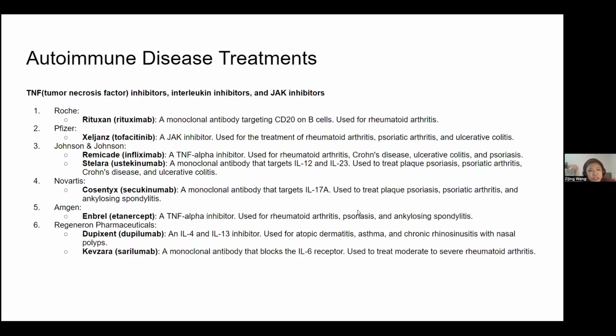And then for autoimmune disease treatments, large bio companies like to target IL, which is the cytokines secreted by T cells, so it can stop your immune system from overreacting and causing inflammation.